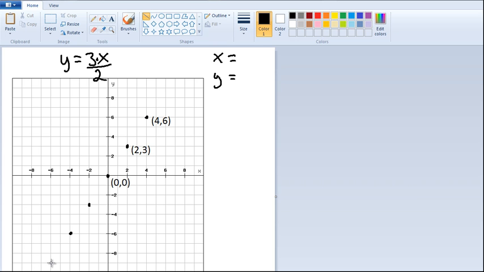Let's start here and draw the line that is passing through these points. And then, of course, the arrow. So this is the first line that was described by the function y equals 3x over 2.